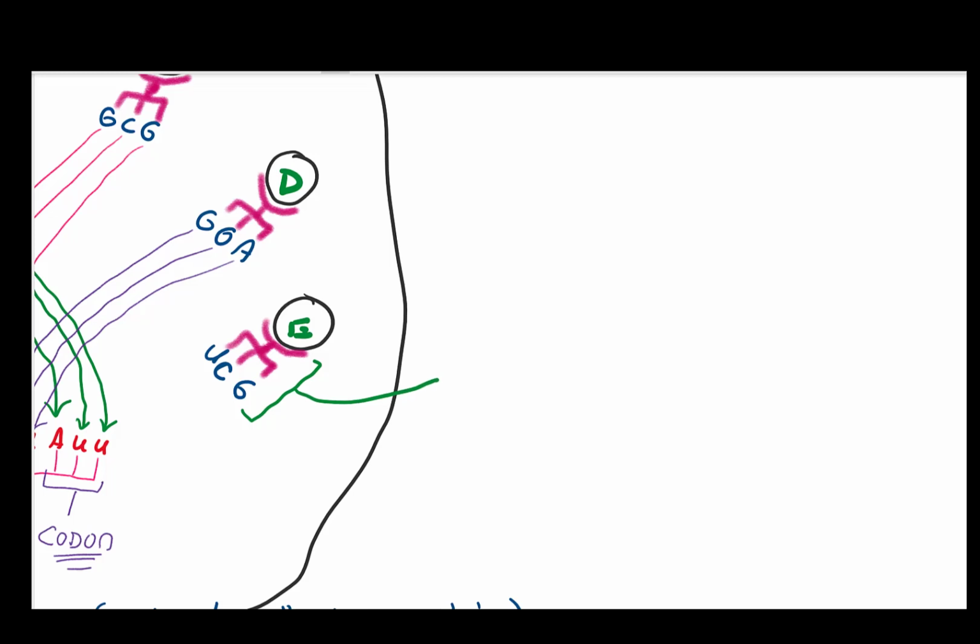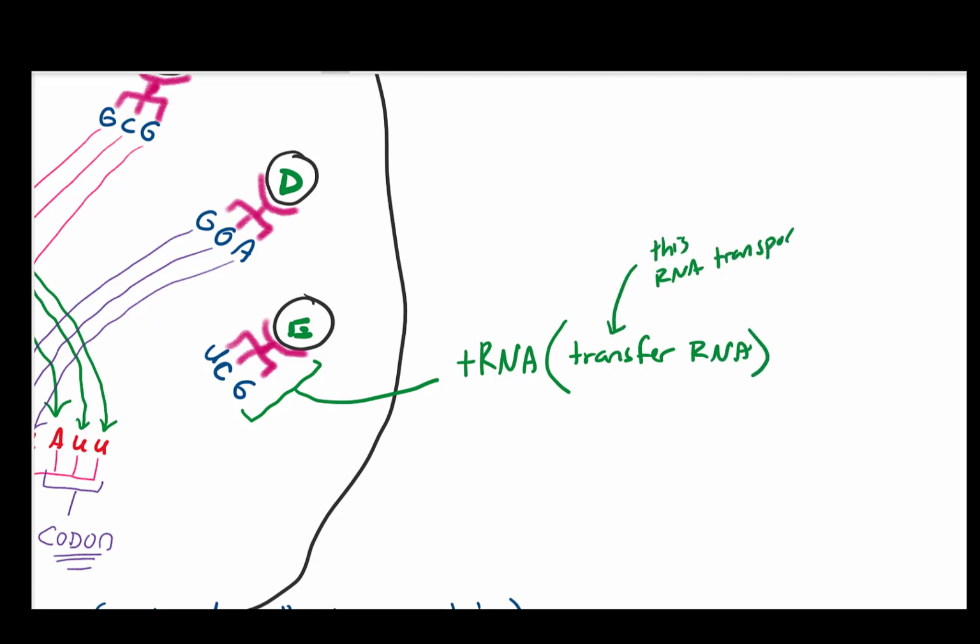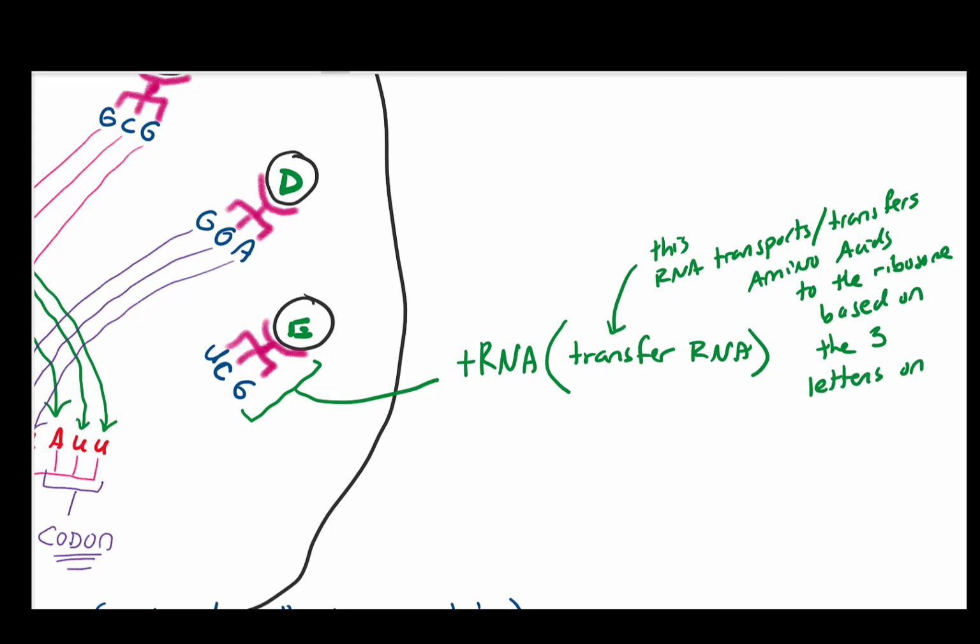Do have to go back and talk about this. We said this little trident-looking thing that holds the amino acid, letter E, is called tRNA, for transfer RNA. This RNA transfers or transports the amino acid, the little circle with the letter E in it, over to the actual ribosome.